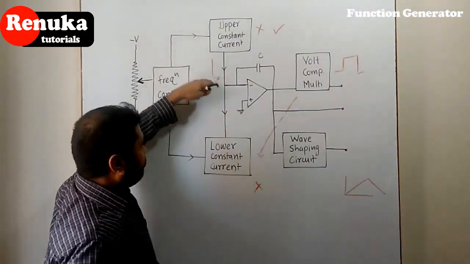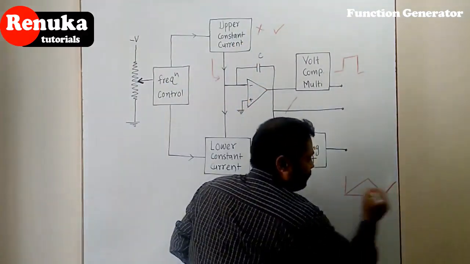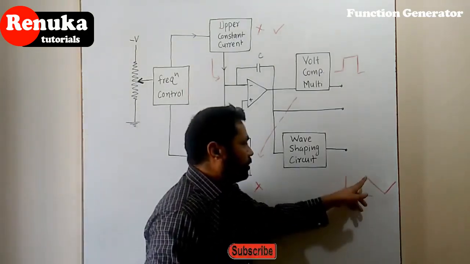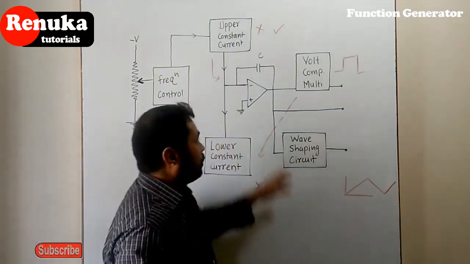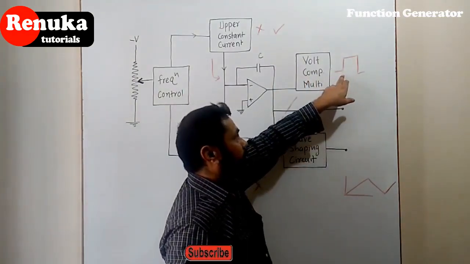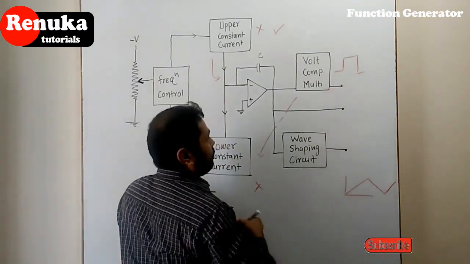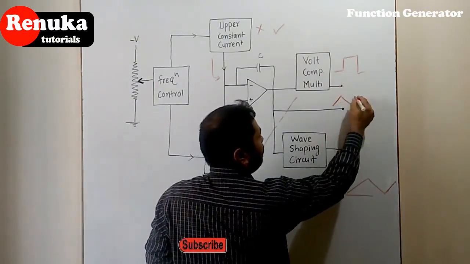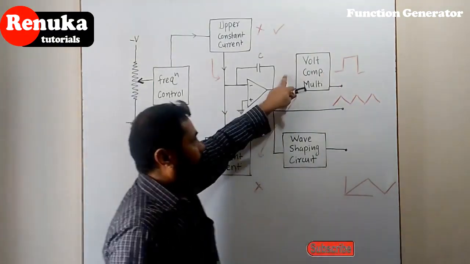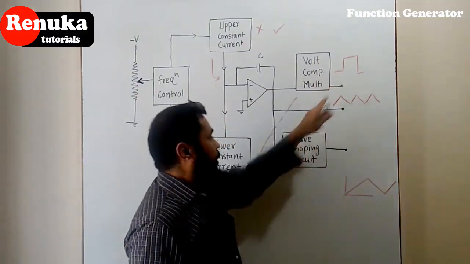Again the current will be in the forward direction through the integrator, and again the positive ramp will be generated. In this way continuously positive and negative ramps will be generated, which drives the comparator. The comparator continuously changes state from low to high. So in this way we are generating a triangular wave at the output of the integrator and a square wave at the output of the comparator multivibrator.